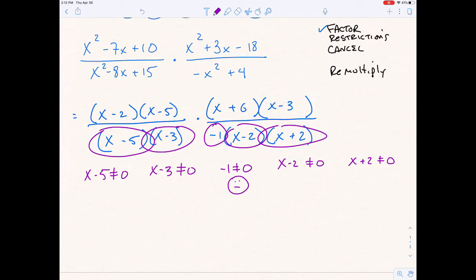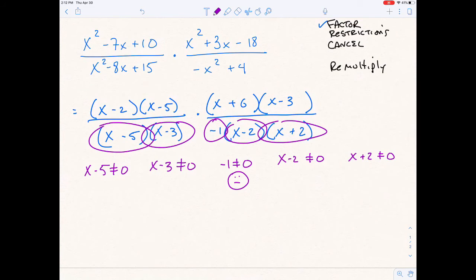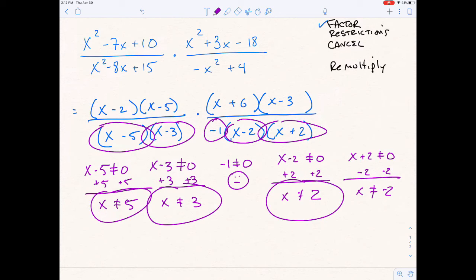For the record, sometimes you'll find that you have duplicates. And if you have duplicates, you don't have to list them twice. But we don't have duplicates here. And we have our 4 restrictions, right?